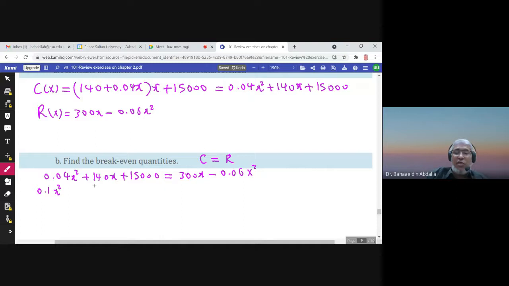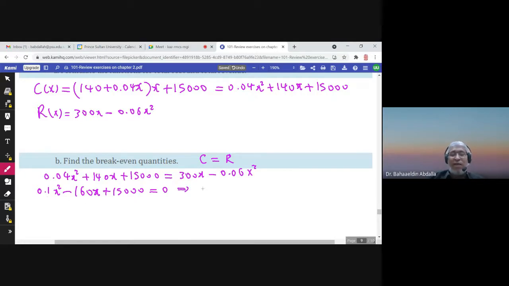And then 140x minus 300x will give you negative 160x, plus 15,000 equals 0. If you want, you can multiply by 10, or you can use the quadratic formula immediately.